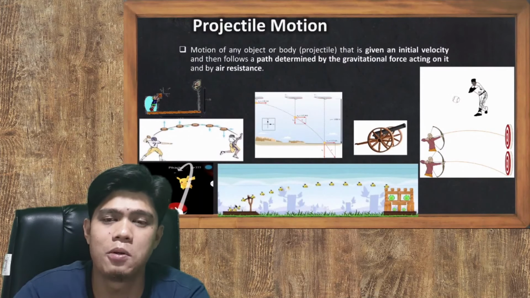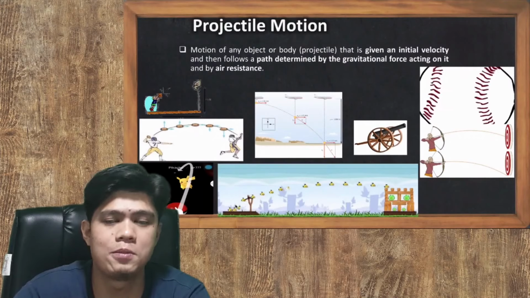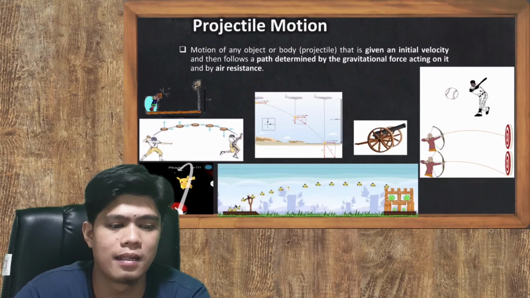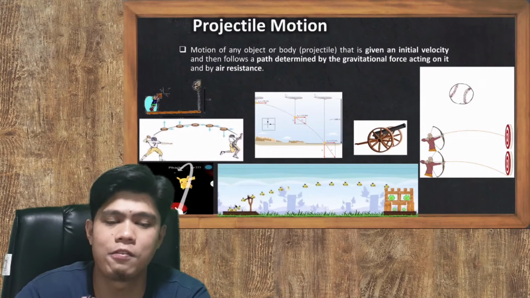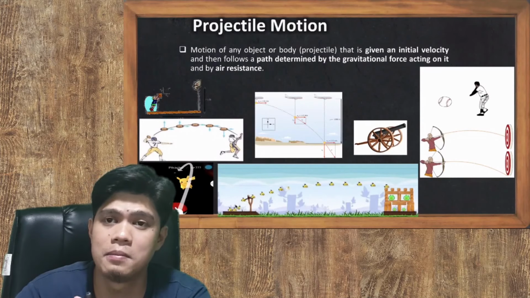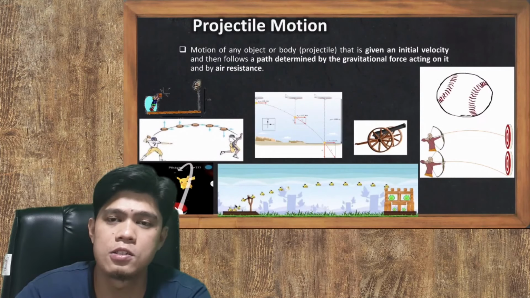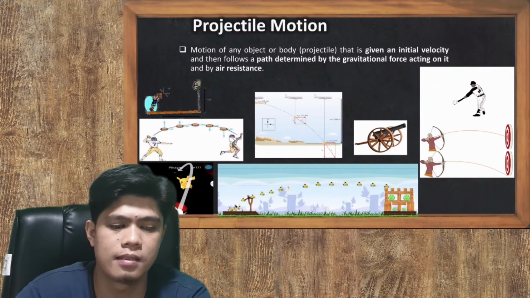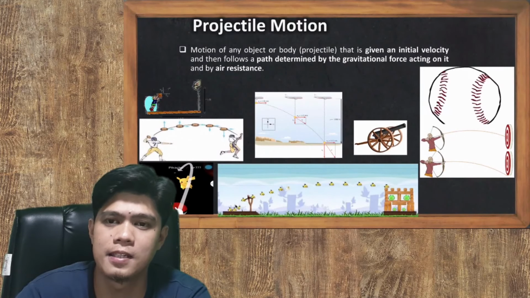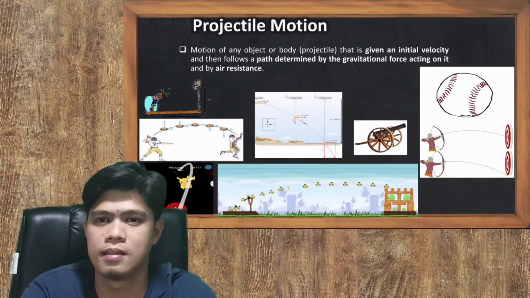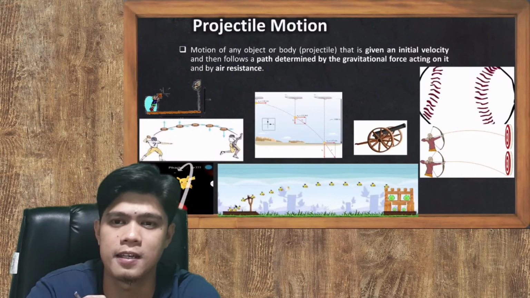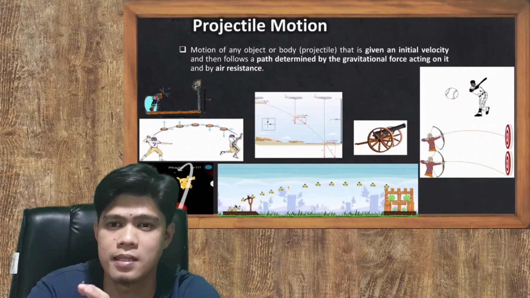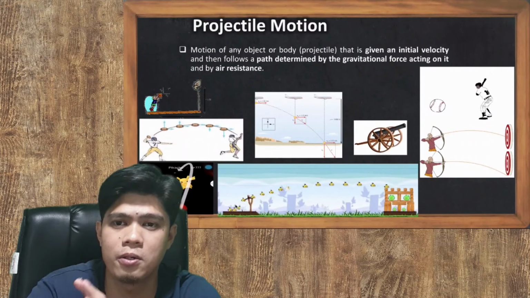It's the motion of any object or body that is given an initial velocity and then follows a path determined by the gravitational force acting on it and by air resistance. But in our discussion, we will neglect air resistance since it makes the problem more complicated.